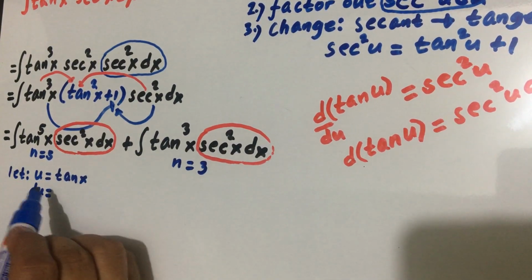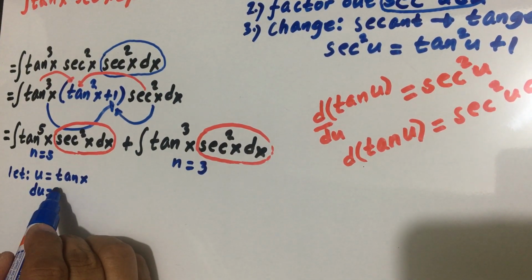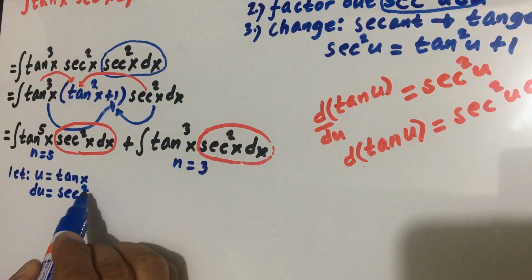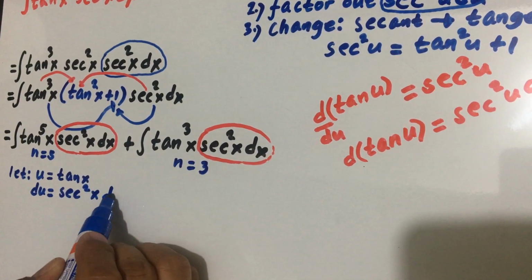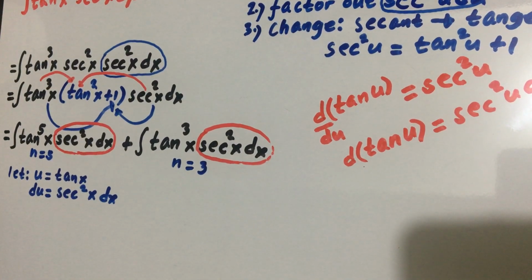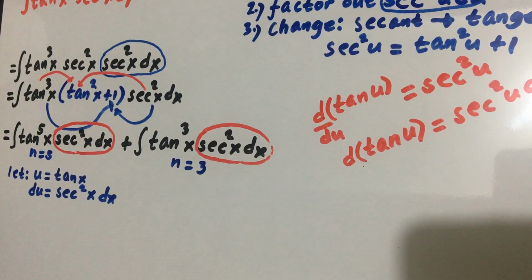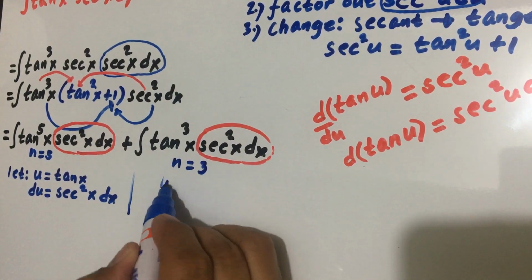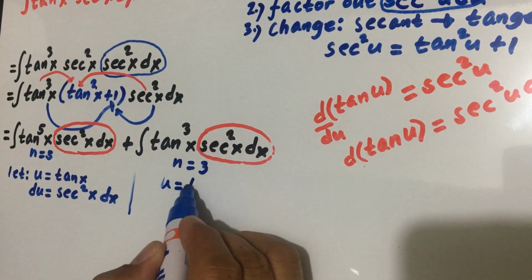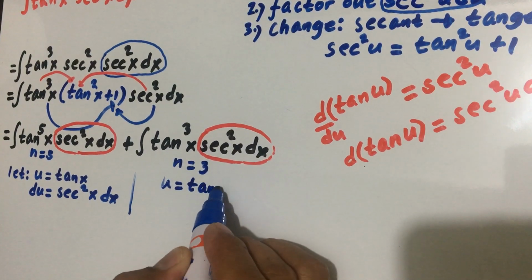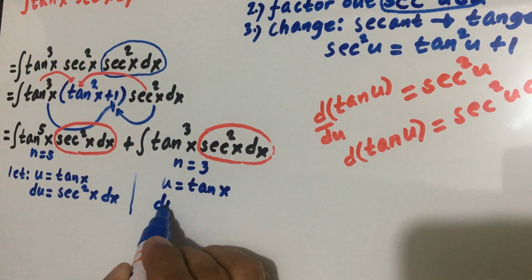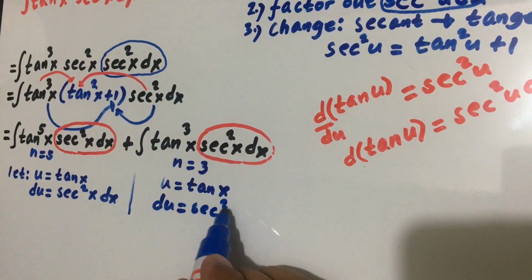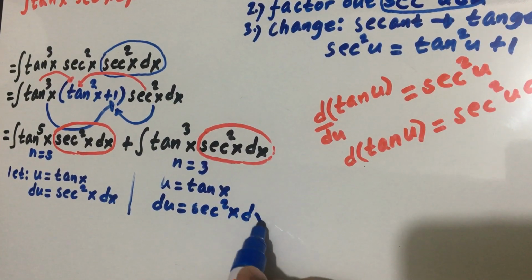So we can have our du as secant squared x dx. The same for this term: our u is also equal to tangent x, so our du is equal to secant squared x dx.